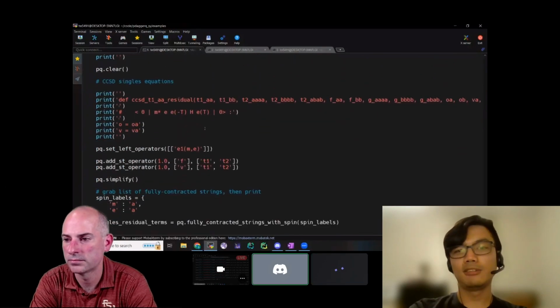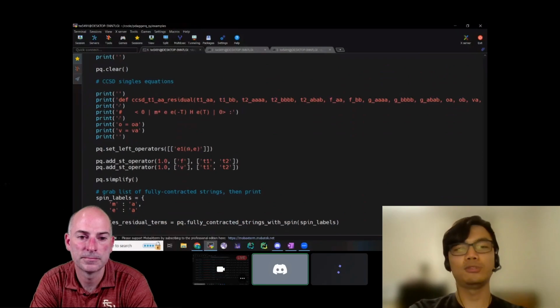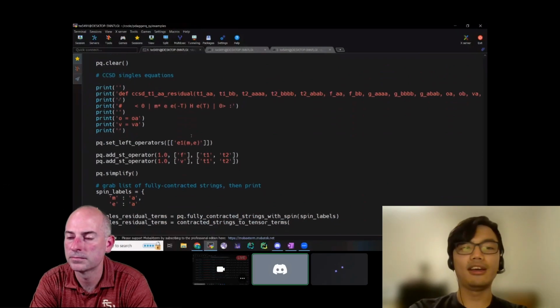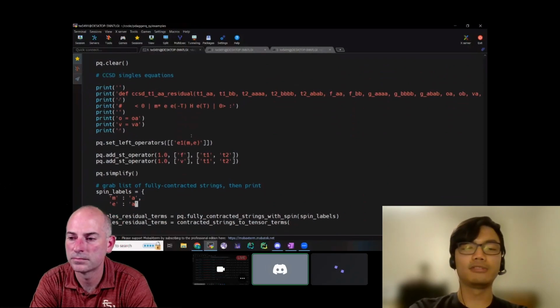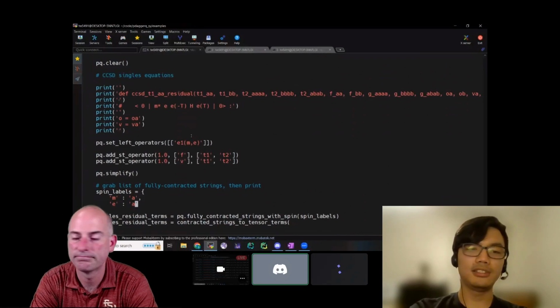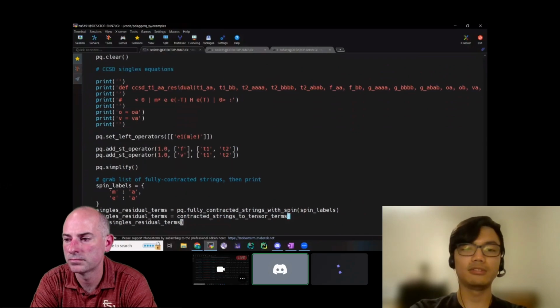But now when we're dealing with projections, we've got to be careful. For example, T1, you excite from M to E in this example, and you want to specify the spin labels, and you have to make this dictionary: what's the spin label of each index, and then you have to pass it to the fully contracted strings with spin.